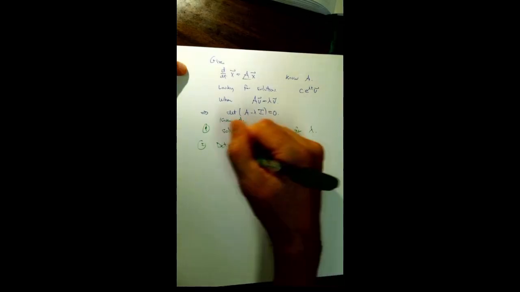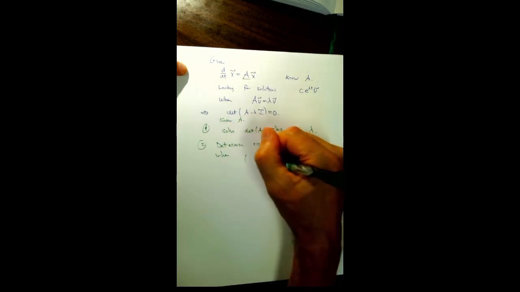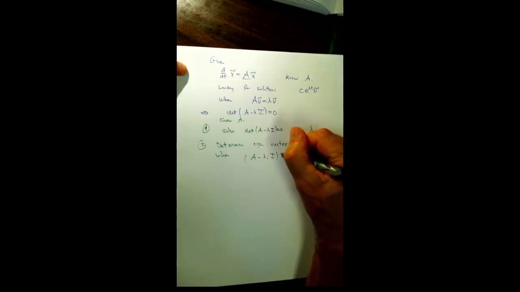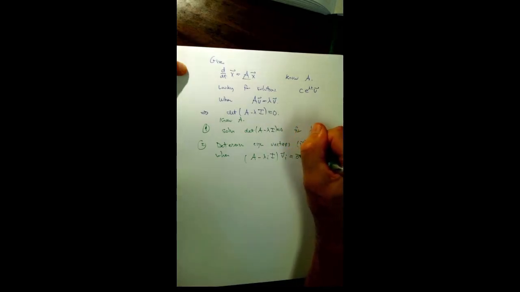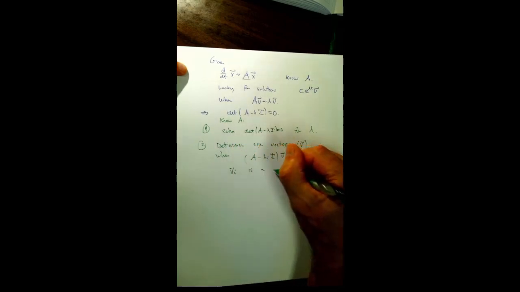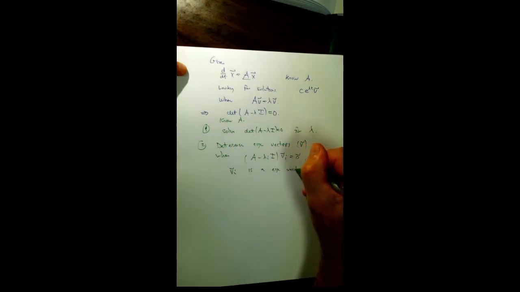These are the V's, where A minus lambda I times V_i is equal to 0, and V_i is an eigenvector.